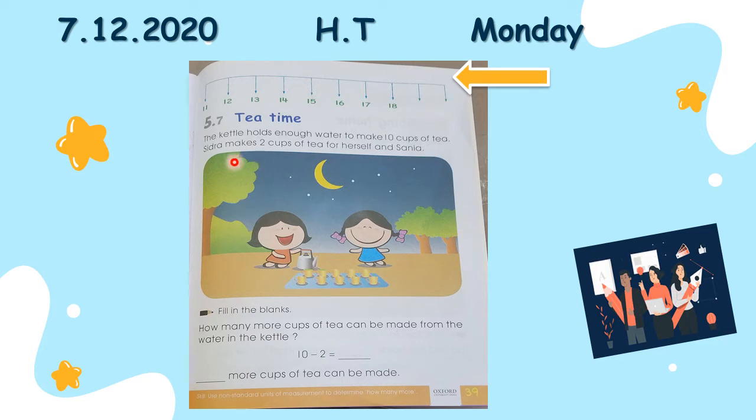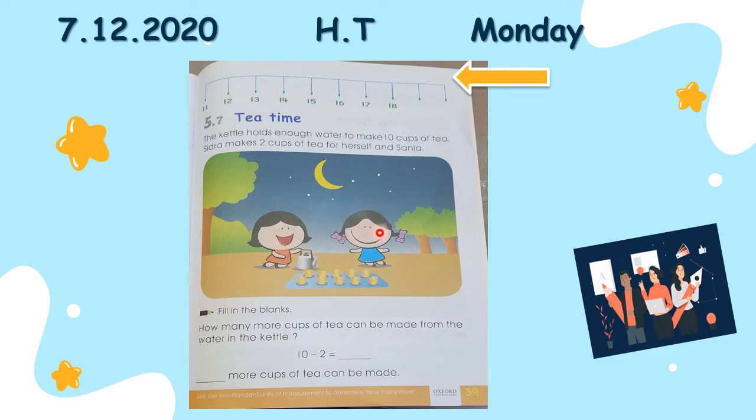Then come on activity. The kettle holds enough water to make 10 cups of tea. You can see in the picture there are two girls and the one girl is holding a kettle. And this kettle can hold enough water to make 10 cups of tea. Sidra makes 2 cups of tea for herself and Sania.